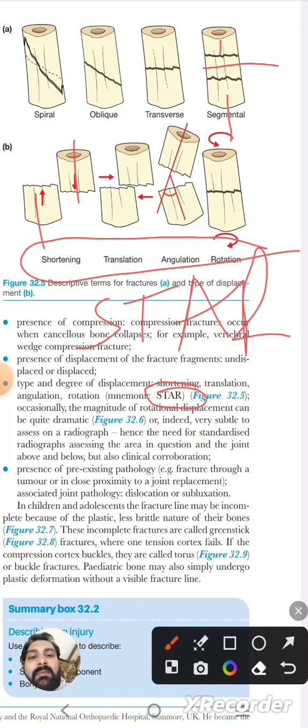When two ends of the bone slide on each other in linear or horizontal way, it is called translation. There is no shortening. When an angle is created between the two ends of the bone, it is angulation. And when one end of the bone rotates onto the other end, it is rotation.